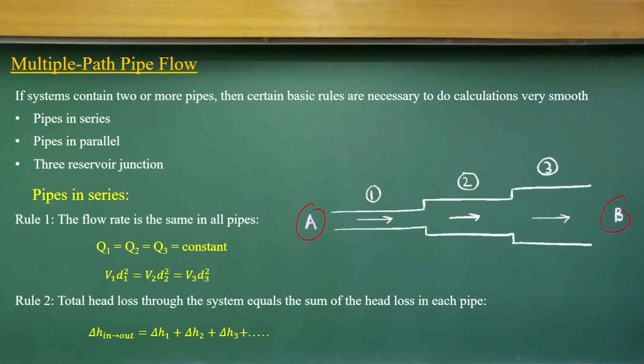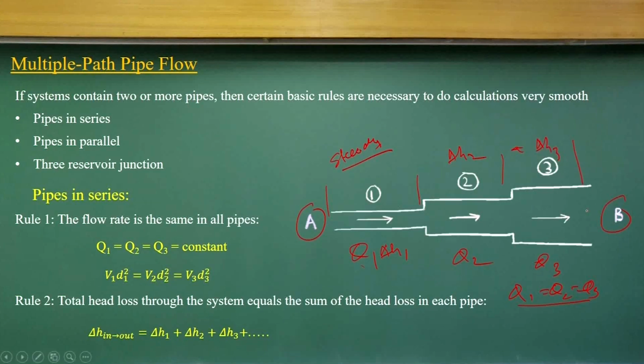If you have that, definitely for steady flow conditions, the discharges Q1, Q2, Q3 should be equivalent because it is a steady state. But you have energy losses: delta H1 is the energy loss for this region, delta H2 is the energy loss for this one, and delta H3 for this one.